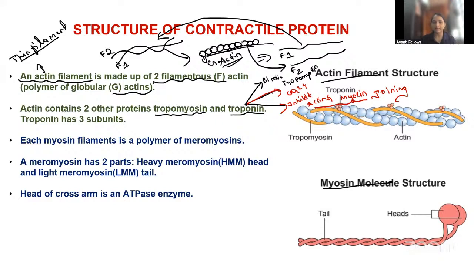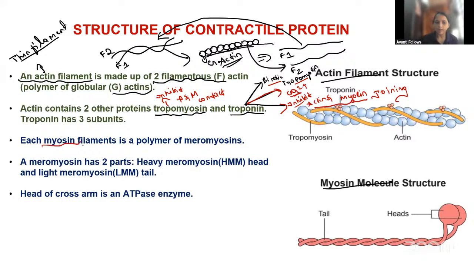Remember, guys: one for binding with tropomyosin, one for binding with calcium, and another for inhibiting actin and myosin joining. So totally troponin has three subunits. And you know the function of tropomyosin? It will inhibit the actin and myosin contact. Okay, fine. So this is about the actin.